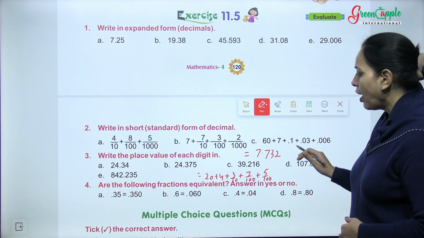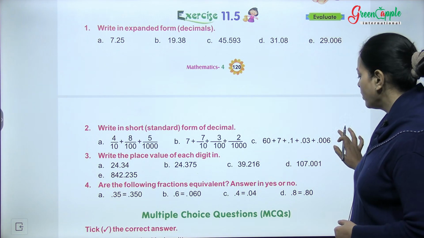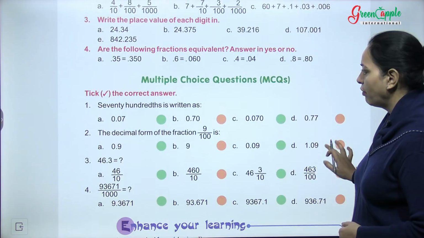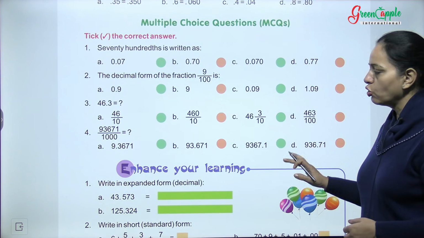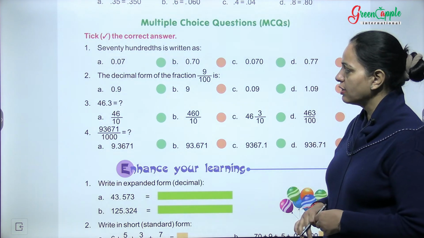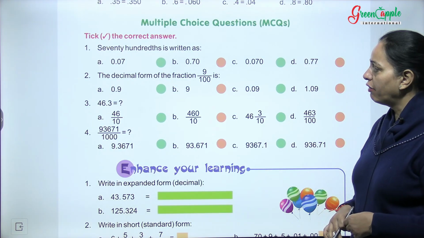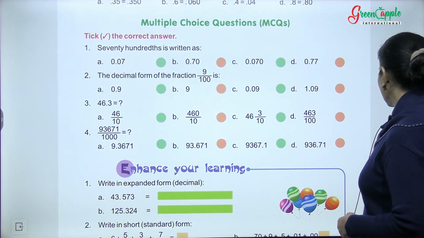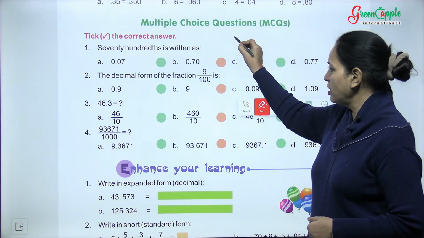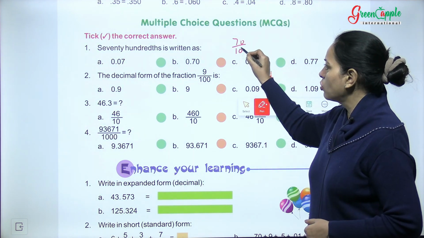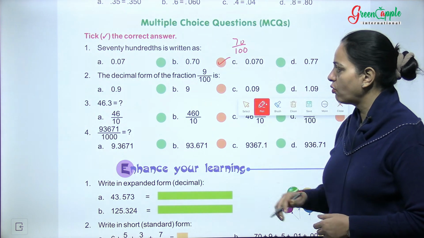Now the fourth one, are these fractions equivalent? Answer in yes or no. So you can try this one. Now we are doing multiple choice questions, MCQ. Take the correct answer. The first, 70 hundredths is written as, so 70 hundredths means 70 upon 100, so 0.70. This is right.